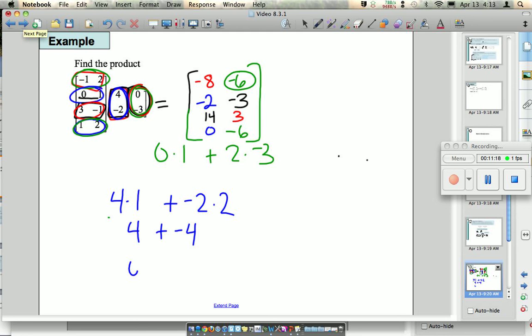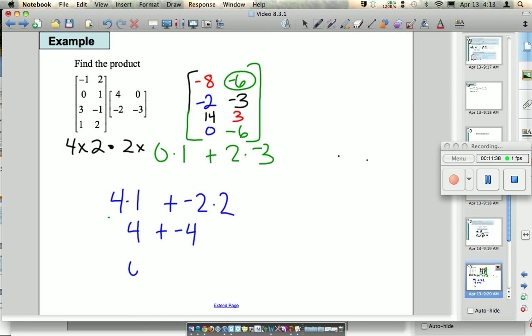So my matrix is often going to have a different size to it. Remember the order of the first one here. The order of the first one was a 4 by 2, and we were multiplying it by a 2 by 2. What's really important when we do this is that these two values are the same.